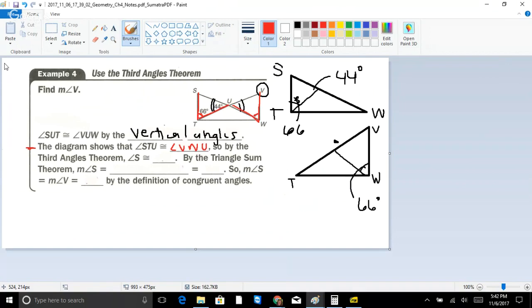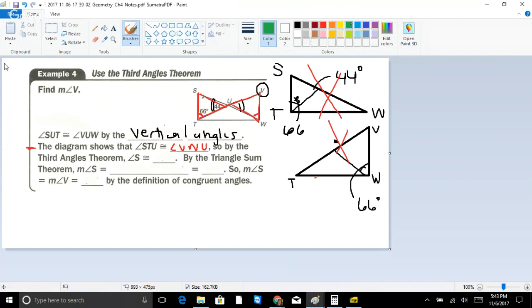So now we have two triangles, and we didn't need to do this over here, I apologize. We have two triangles, and we have two angles that are equal to each other: the red angles are equal and the black angles are equal.